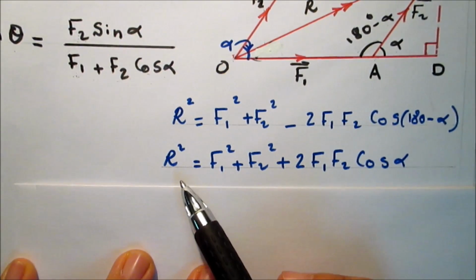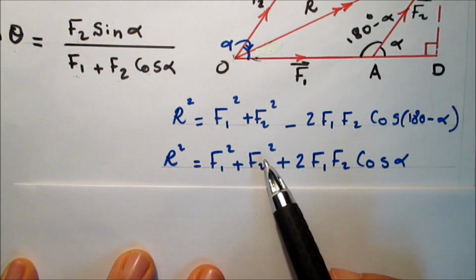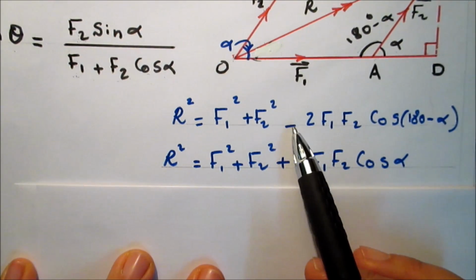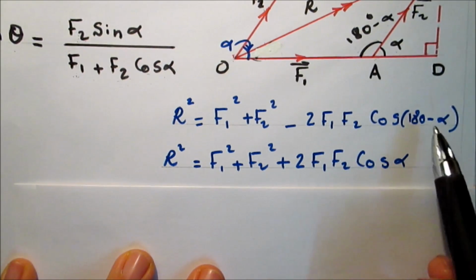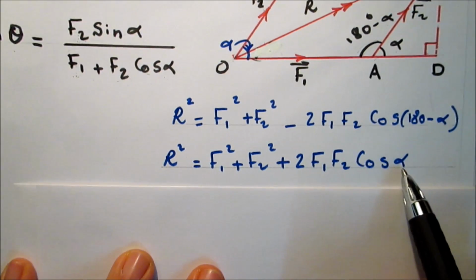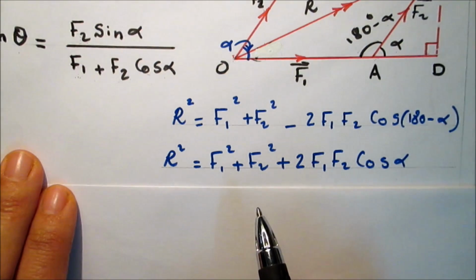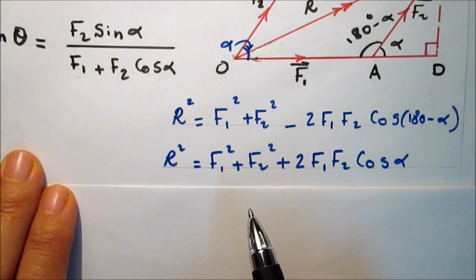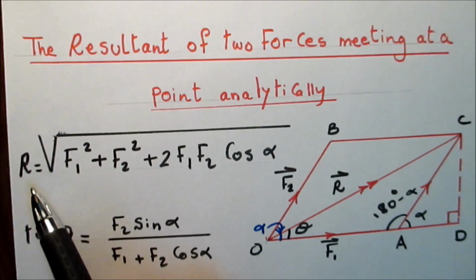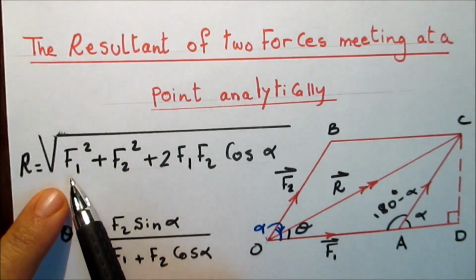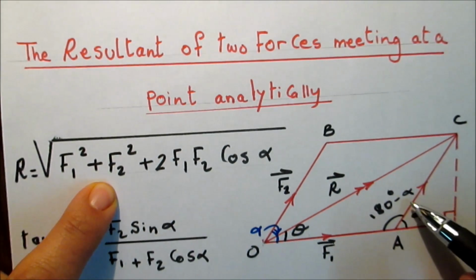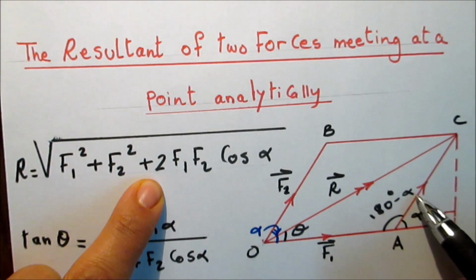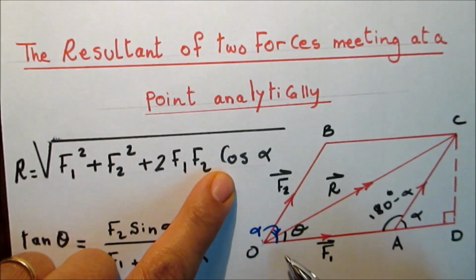So R squared equals F1 squared plus F2 squared plus 2F1 F2 cosine alpha. This is how to find the resultant of two forces in terms of the two forces and the included angle: R equals the square root of F1 squared plus F2 squared plus 2F1 F2 cosine alpha, where alpha is the angle between the two forces.